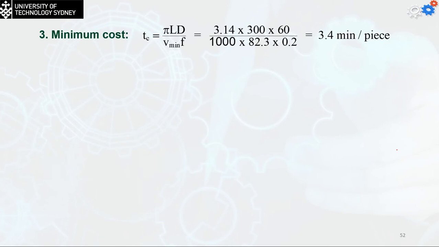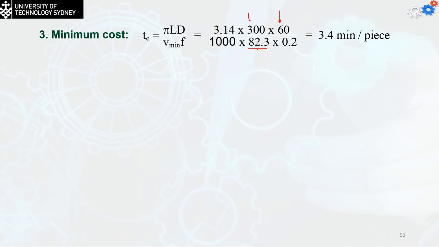Now, for the minimum cost, which is related to the minimum velocity, we are going to calculate pi multiplied by the length of the cutting multiplied by the diameter, divided by the minimum velocity multiplied by the rotational feed rate. So we have 3.14, and we have the 300, which is 30 centimeters, and we have the 60, which is the 6 centimeters diameter.